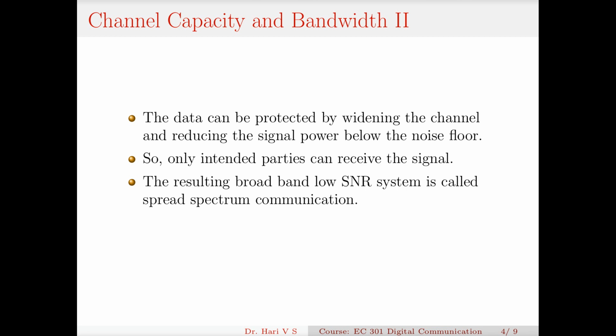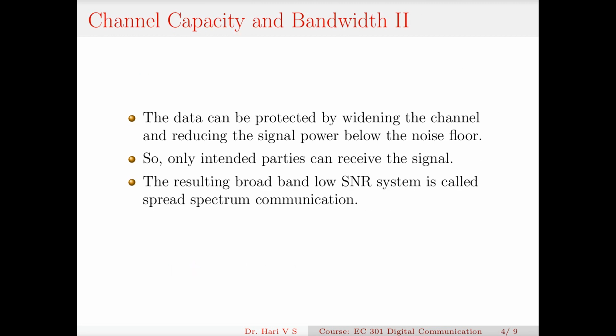So for all listeners other than my friend, whatever is coming appears like a noise signal. Only the intended party, to whom I intended to transmit the data, can receive the signal. Only he has a key to receive the signal. Others understand it just as noise. So by widening the channel and using a low SNR system, such systems are called spread spectrum communication systems.